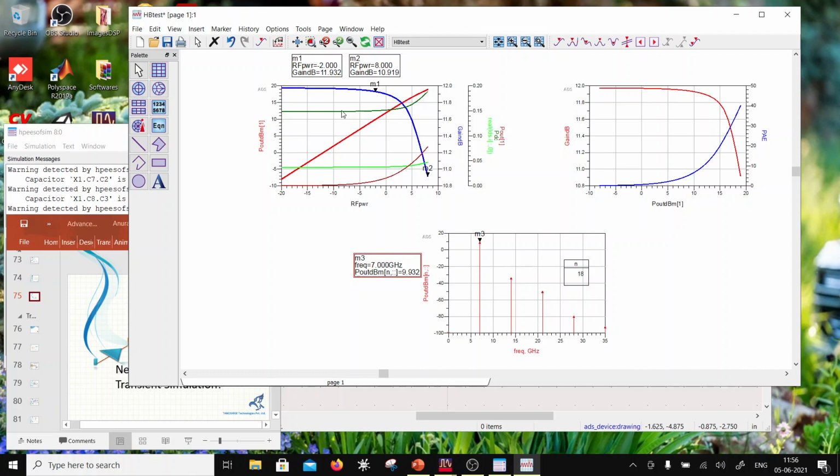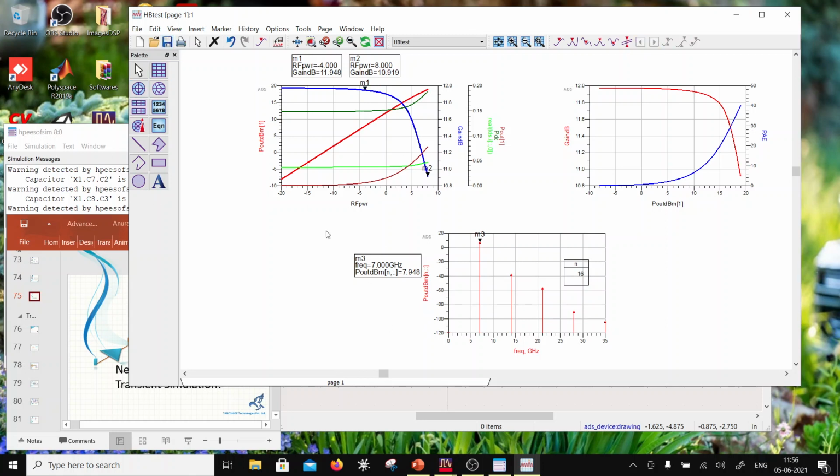So that's around 11 point something as a gain, right? Now if I change this, I can see the harmonics go down, and then I can see harmonics go up as I compress it, right? Okay, so this is about the spectrum.